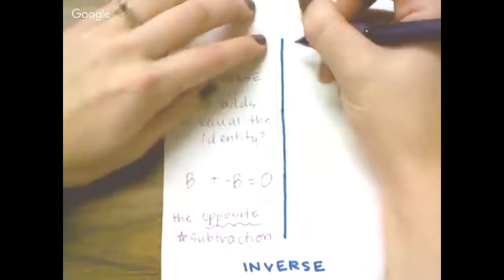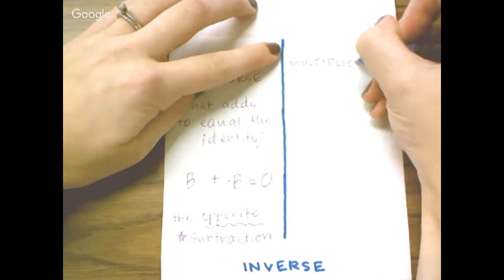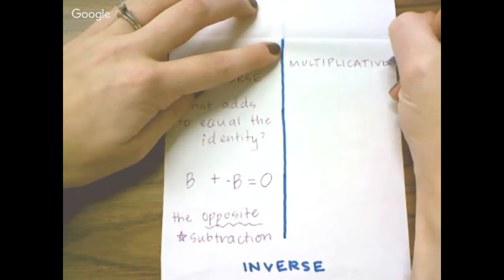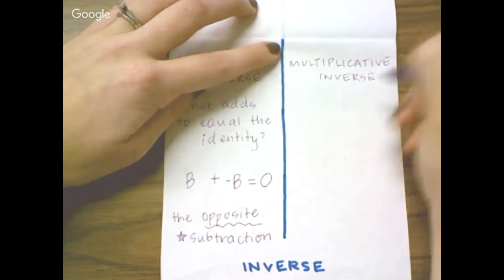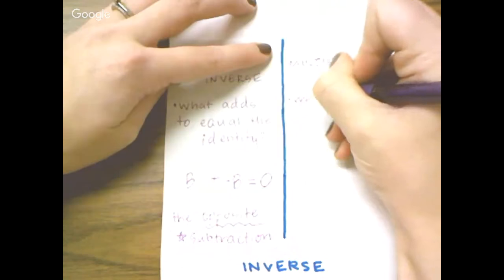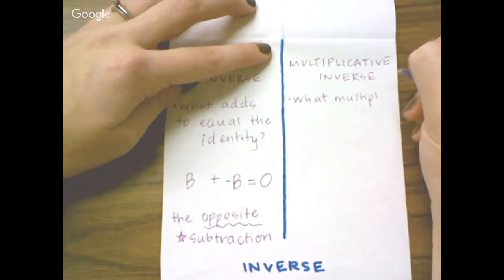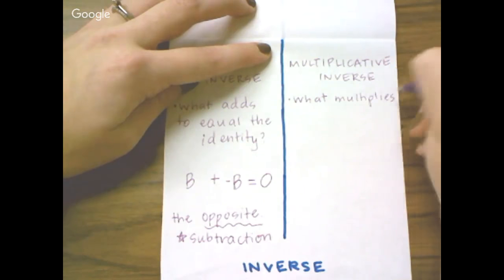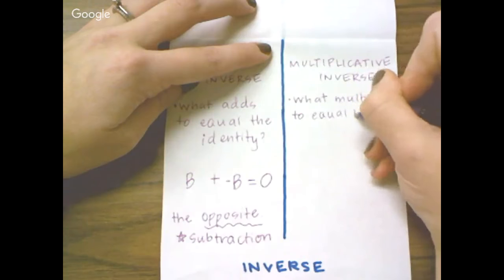Okay, if I'm talking about the multiplicative inverse, my question is, what multiplies to equal the identity?